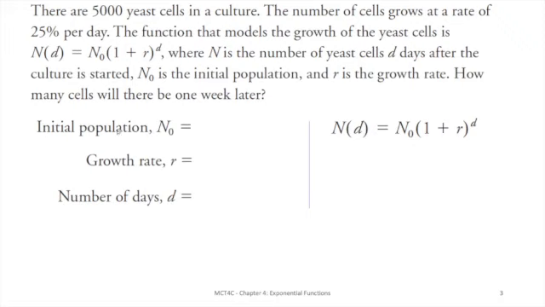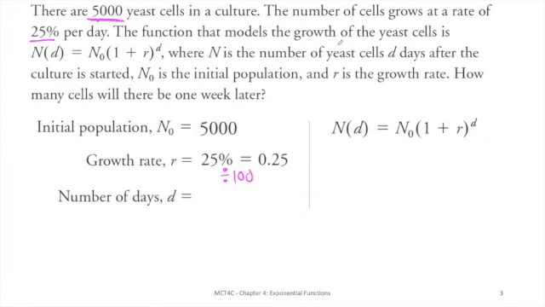Okay, so you have to figure out what these are. Your initial population, what do our yeast cells start at? We're starting at 5,000. Our growth rate is 25% per day, but we can't ever have it as a percentage. You need to convert it to a decimal, which is just divide by 100.